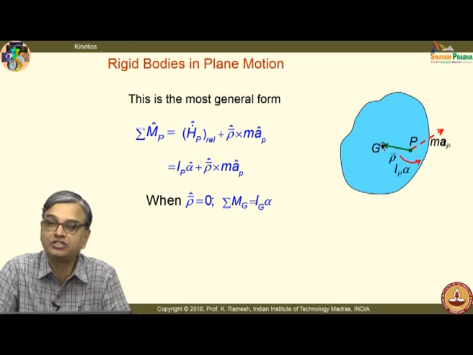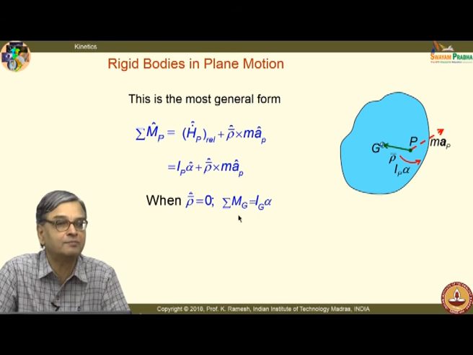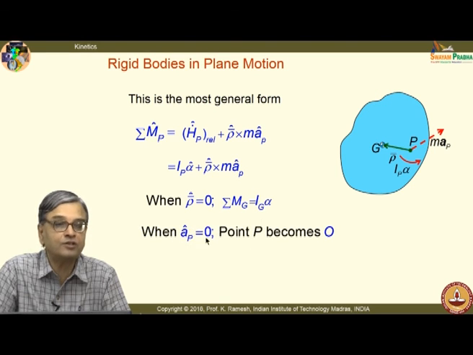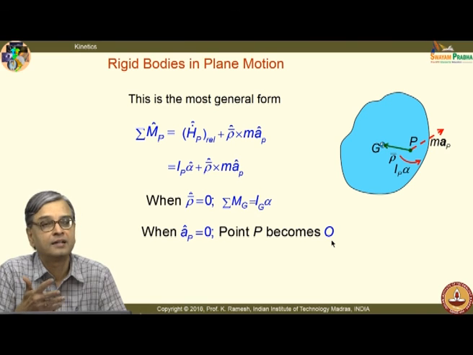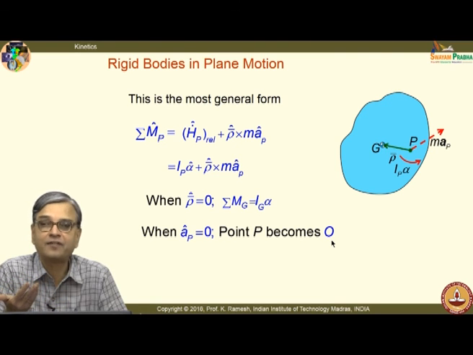p merges with g. So, I have this as mg equal to Ig alpha. We have also seen it earlier, mg equal to Ig alpha. When a p equal to 0, point p becomes O. The definition of a fixed point is that you have an inertial frame attached to this, and the point does not move.